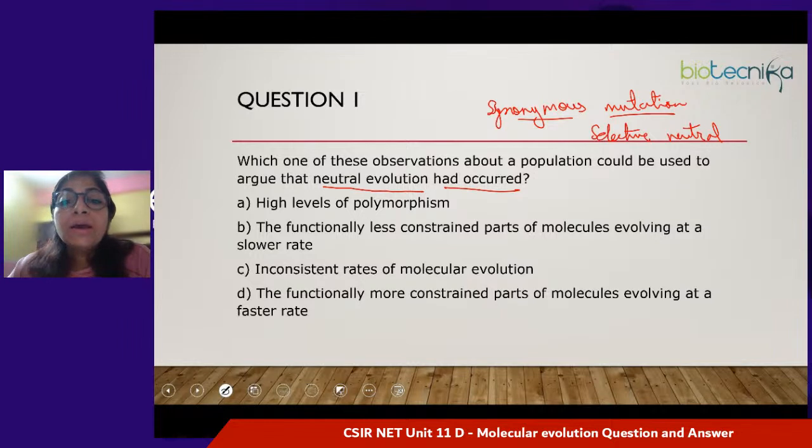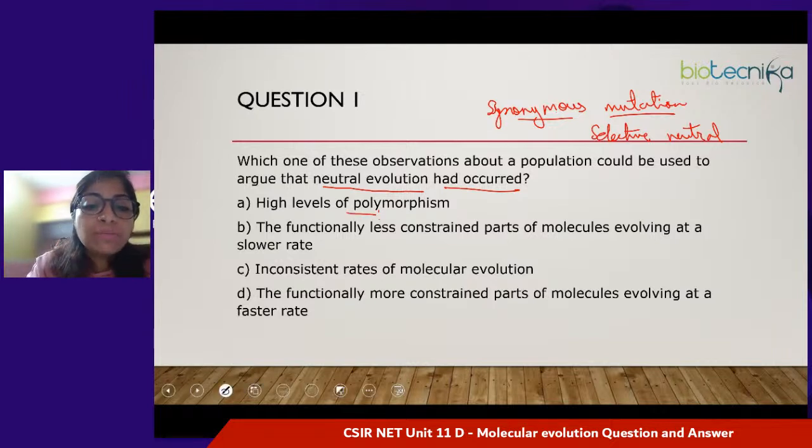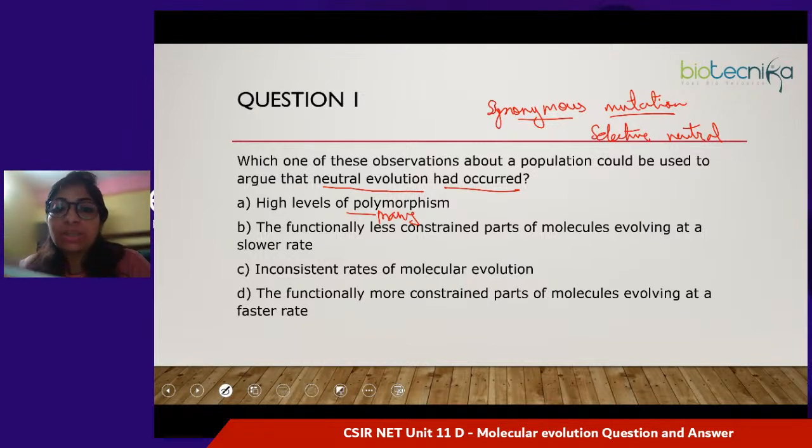Only very few mutations will be helpful, and only they will be naturally selected. So if we see high levels of polymorphism, what is polymorphism? Poly means many. A gene, or a nucleotide sequence at a particular location, can be present in many different forms. That is what is called polymorphism in the population.